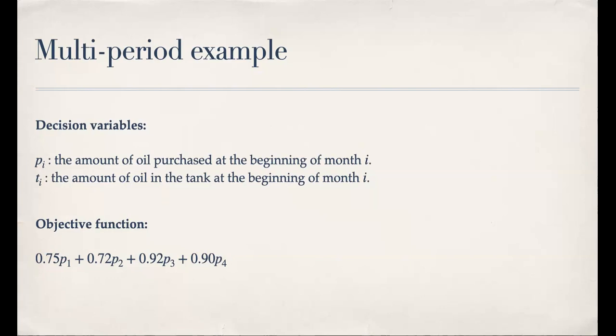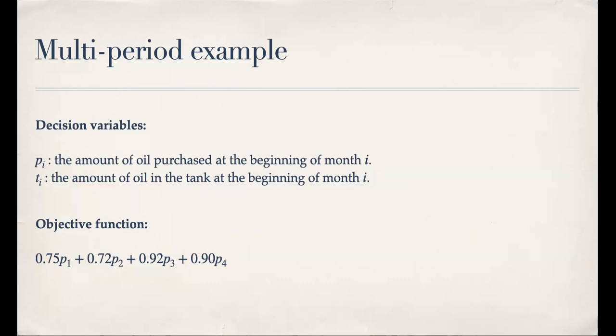We have T1 to T4, and Ti stands for the amount of oil in the storage tank at the beginning of month i. Okay, for example, T1 stands for the amount of oil at the beginning of the first month.